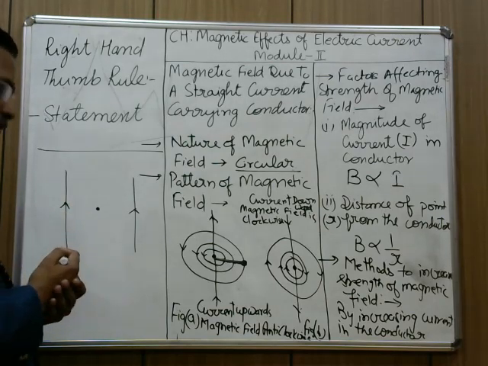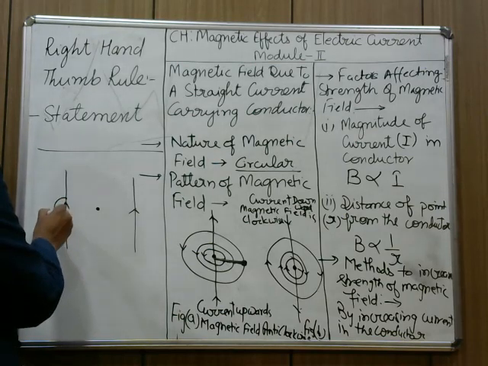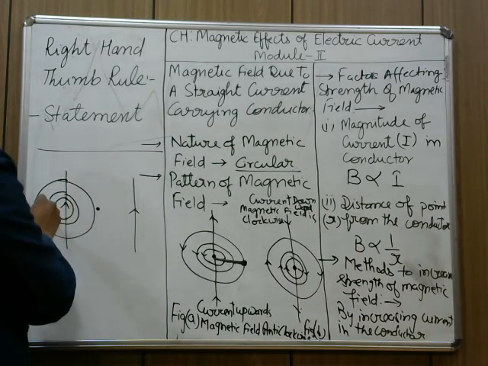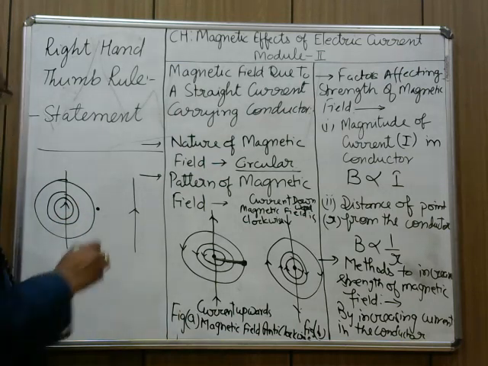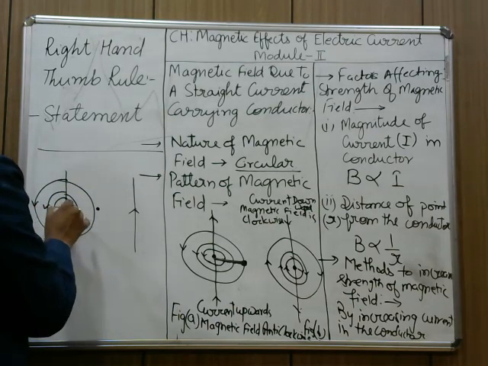Now, this was a very good question. See, this is a straight current carrying conductor. Current is flowing in the upward direction. So, the magnetic field will be anti-clockwise.